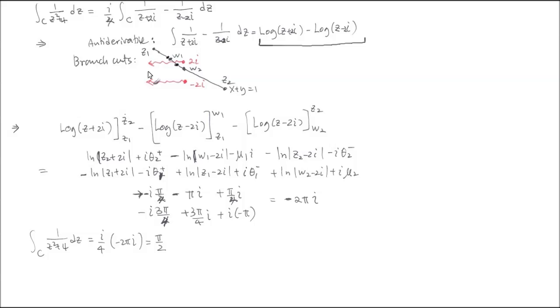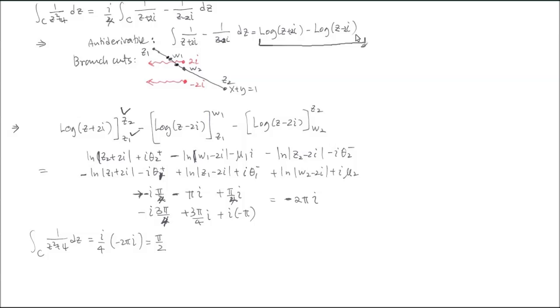Correct? Yeah, only the branch cut of 2i is touched. So for that function, log of z plus 2i, there's no branch cut, this line is not hitting the branch cut of that part. So I'm just applying the fundamental theorem here, just plugging in, because this curve is not in the way of the branch cut of this guy here. Does that make sense?